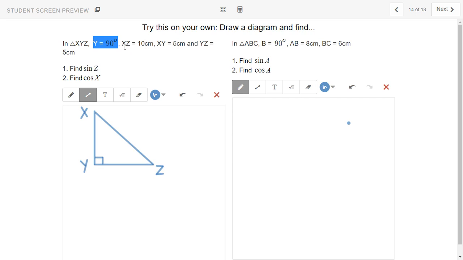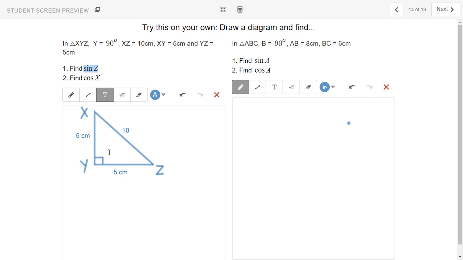And we know that side XZ is 10. So XZ, our hypotenuse, 10. XY is 5. And our last side, YZ, is also 5 centimeters.